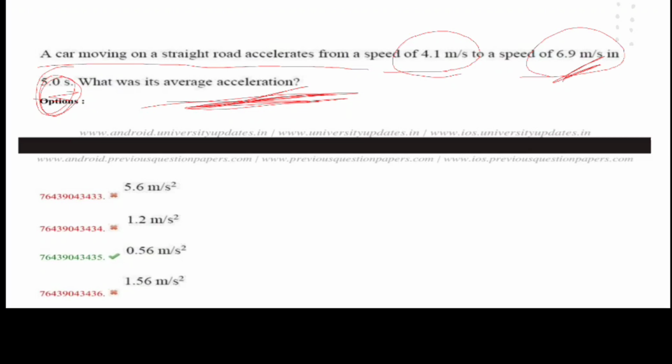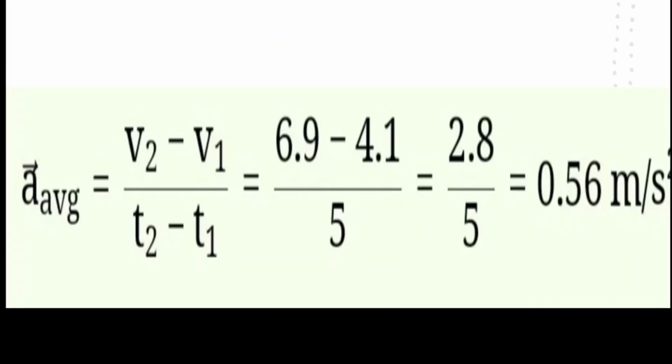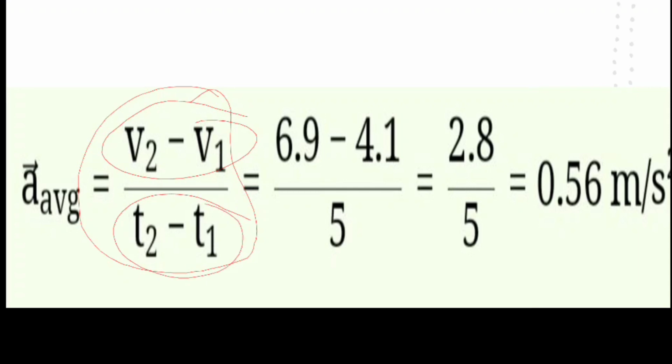Here the acceleration is nothing but velocity by time. So he asked average. So average of velocity by average of time. v2 minus v1 by t2 minus t1. What is the v2? It increased to the speed 6.9 meter per second. What is the initial velocity? 4.1 meter per second. What is the change in time? Within 5 seconds he changed his speed.